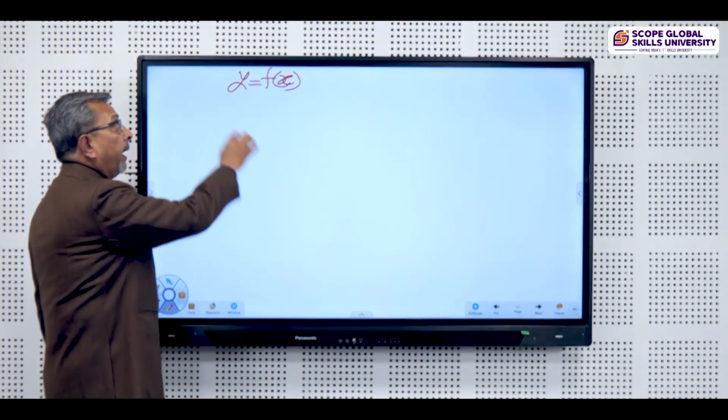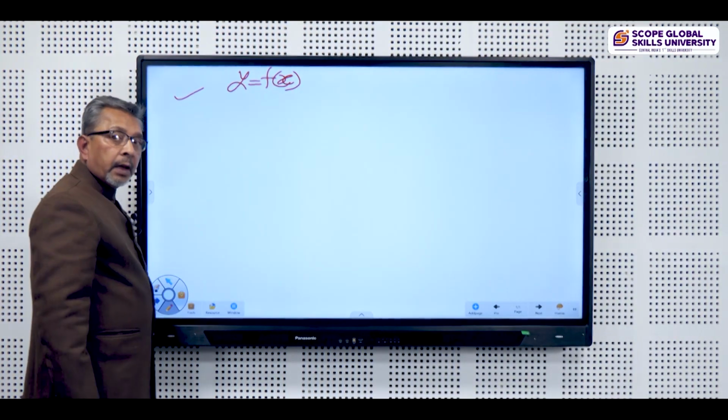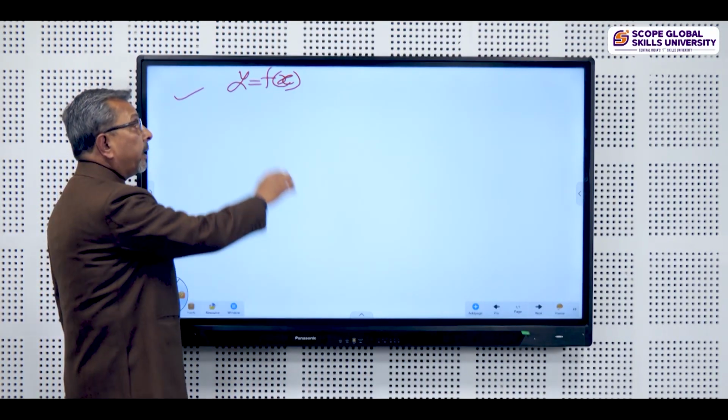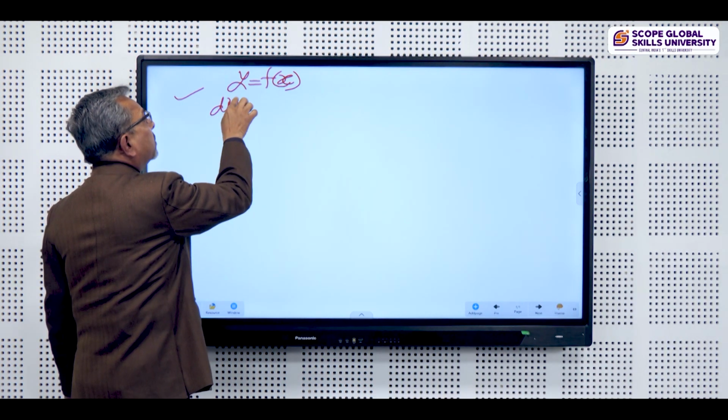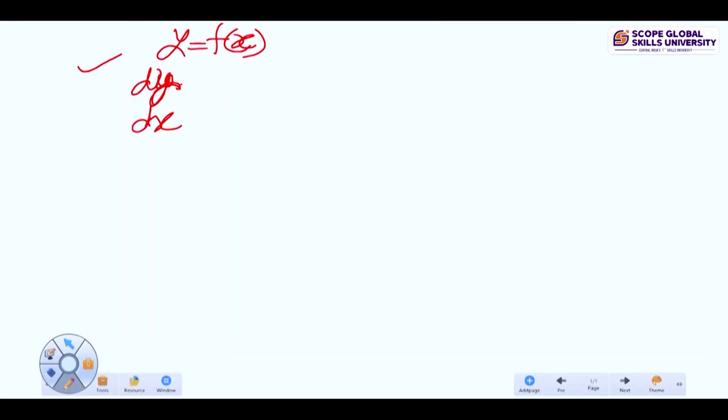I am explaining this method in steps. First of all, write the given function and after that find its first derivative, that means the differentiation of this function with respect to its independent variable x, which may also be represented as f dash x.